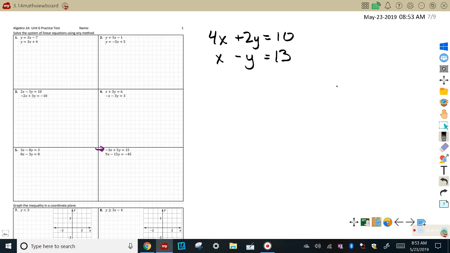Sometimes you already have an opposite, and if you did, you would just add right away. But we don't have an opposite right now, so I need to make two new equations, or maybe just change one of them. Sometimes we have to change one, sometimes we actually have to change them both a little bit. I'll give you the next example where we'll have to change both. Try this one on your own, we'll come together as a class on that one.